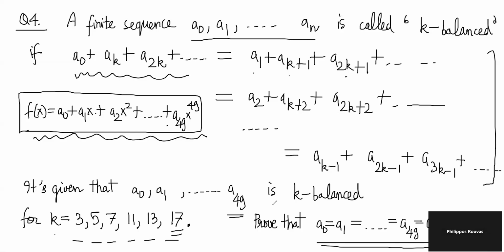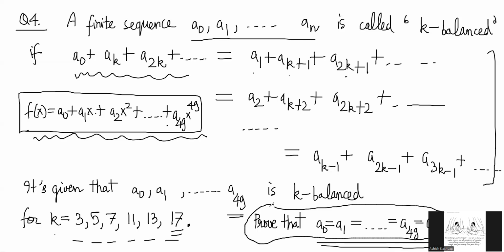Yes. Here, what you have to prove is that the terms of the sequence are all 0. That is going to be very difficult to prove if you don't use any extra theory. If you don't think of it as polynomials, you don't even know how to start the problem. You will have so many equations, right? You cannot keep manipulating equations, right? The fact that the sequence is K-balanced for so many different values of K will give us a lot of equations.